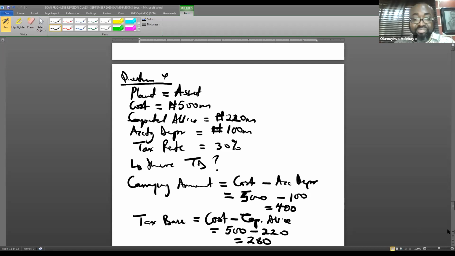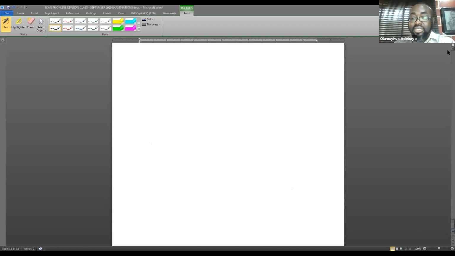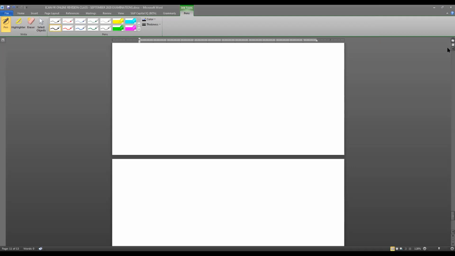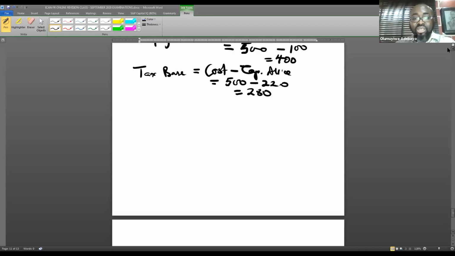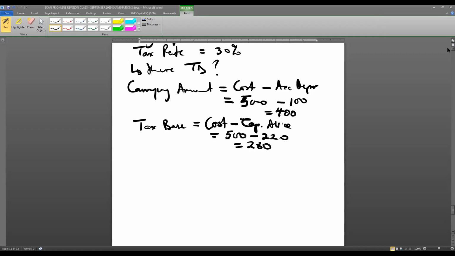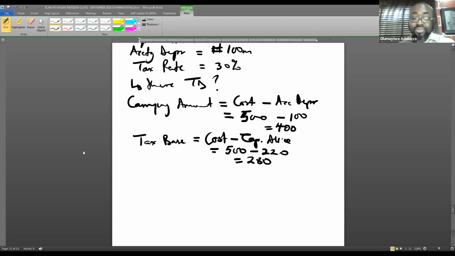Now, is there a difference? Are they showing us the same balance of value? No, sir. One is showing me 400 for the same plant, the other one is showing me just 280 after 1 year. Therefore, it means that there is a temporary difference.